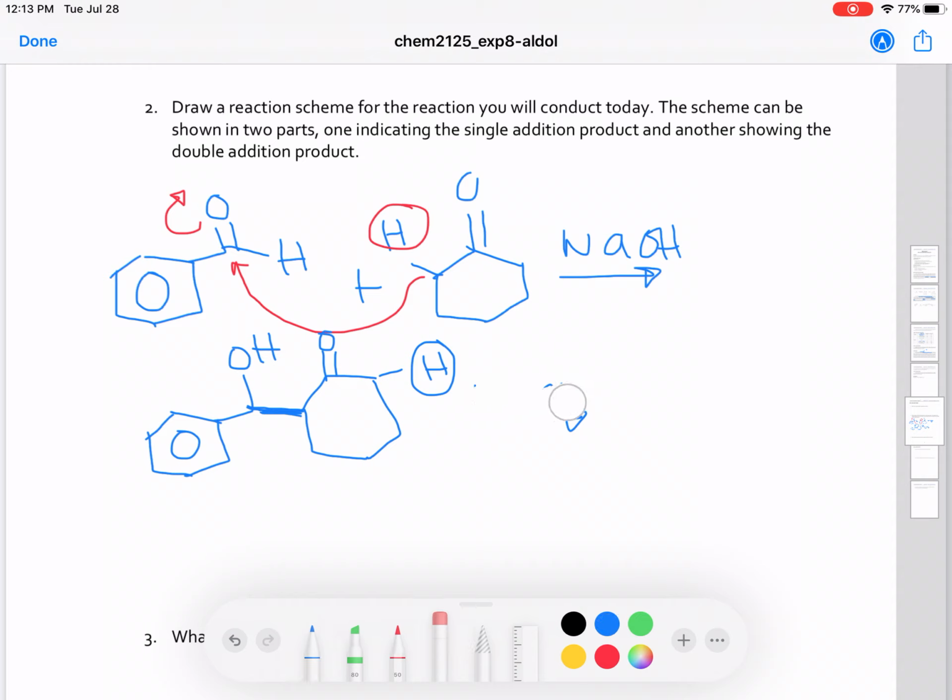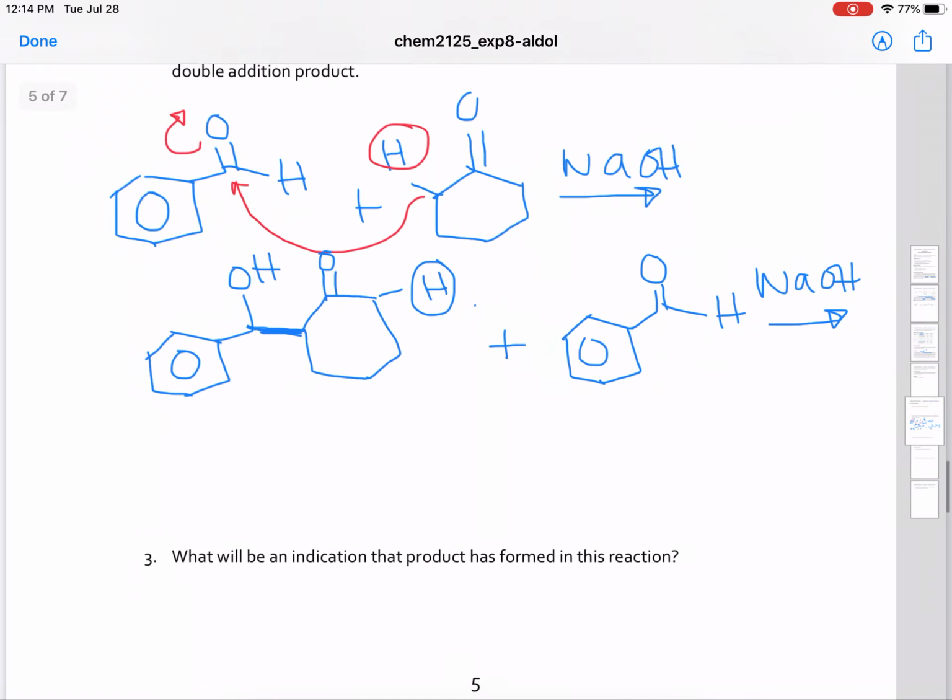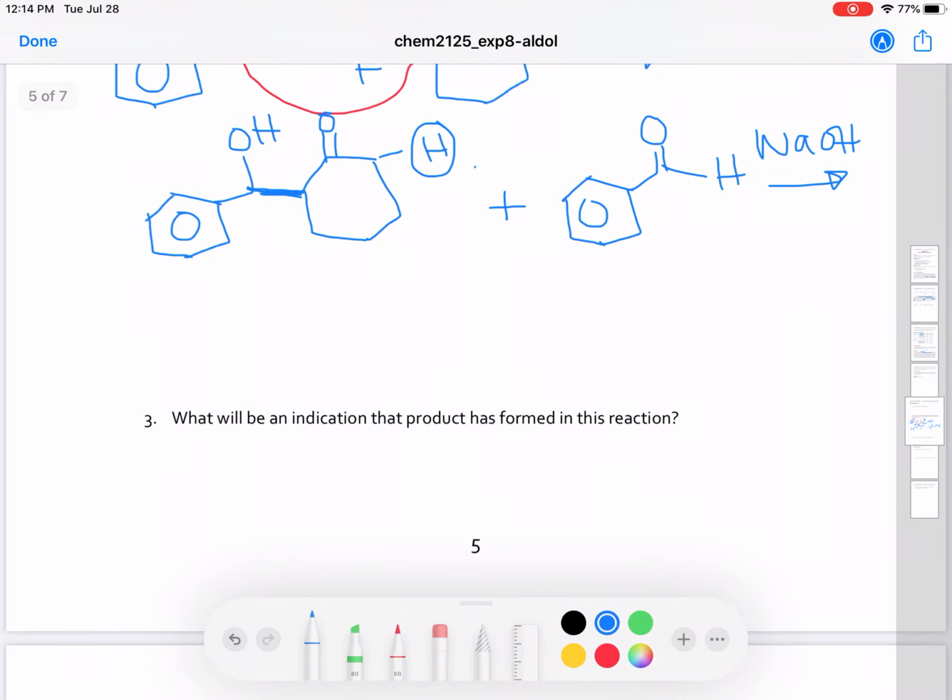and that carbon is going to react with another molecule of benzaldehyde. Now I need to draw another benzaldehyde molecule over here, plus another benzaldehyde. With sodium hydroxide, you will form this molecule, with OH.